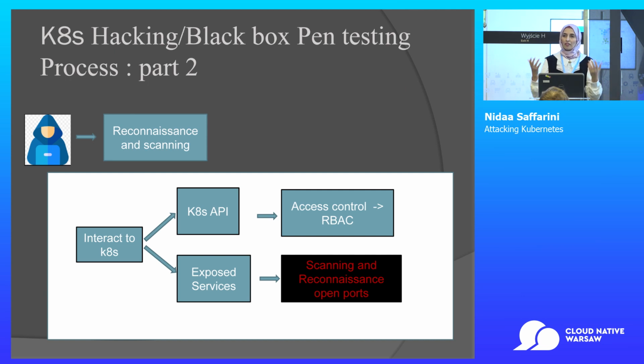I mean, apps which are already exposed by services outside the cluster. I only have these two options. So I need to test the access control configuration, the RBAC configuration, for your company. Then I need to find which services are already exposed outside the cluster.